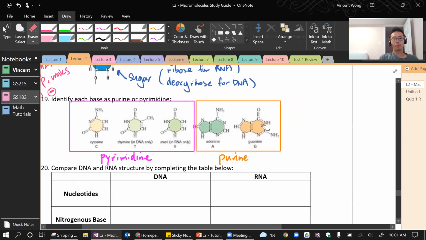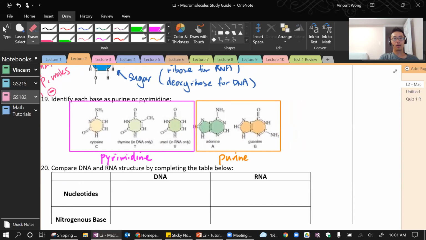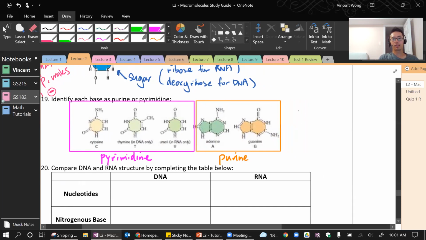I could not memorize them when I was learning this. For some reason, I just couldn't remember which one is which. And then someone told me, you can remember it like this: Pure as gold. So purines are adenine and guanine. Everything else, pyrimidine.